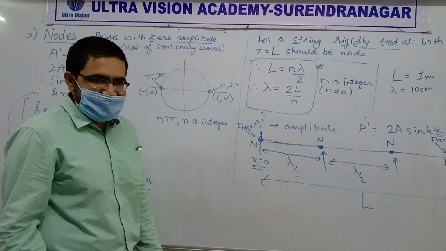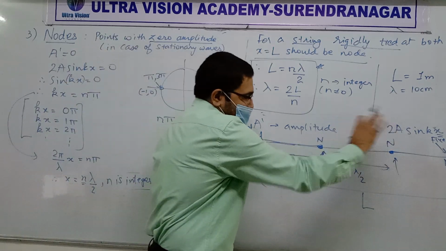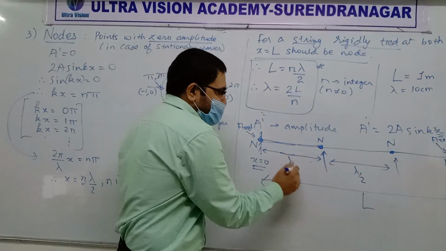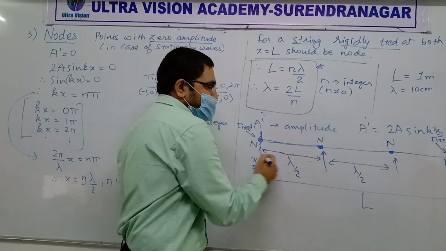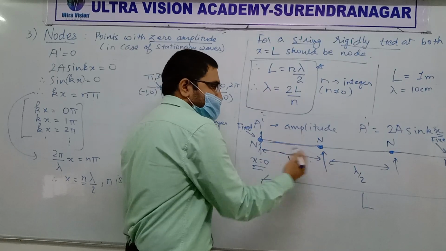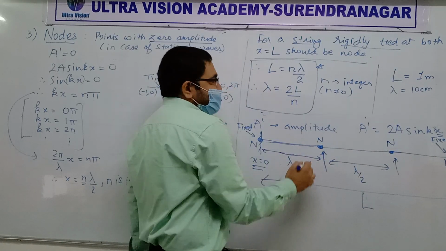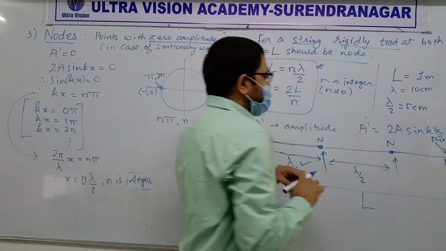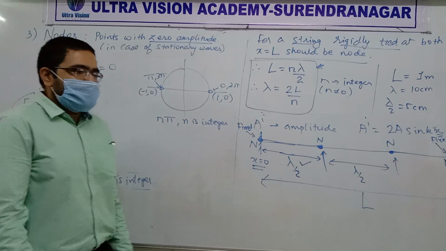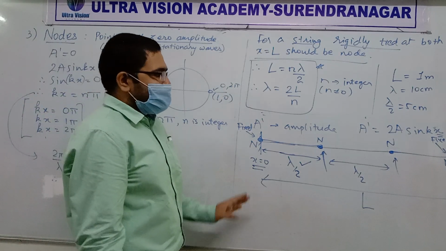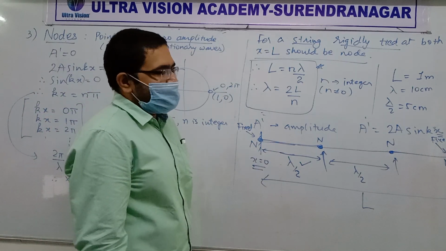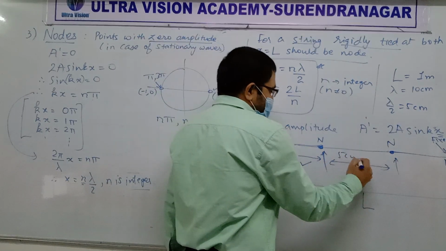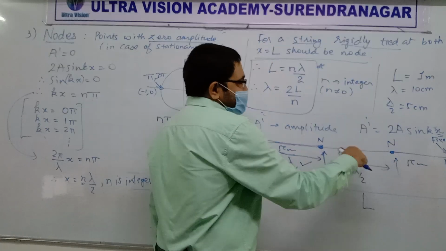Then there are two ways to find how many nodes are there. One very simple way, distance between two consecutive nodes. How much distance between these two consecutive nodes? Lambda by 2. So lambda by 2 means 5 centimeter. So like this, you can say that there are 5 centimeter, 5 centimeter, 5 centimeter, 20 such gaps.